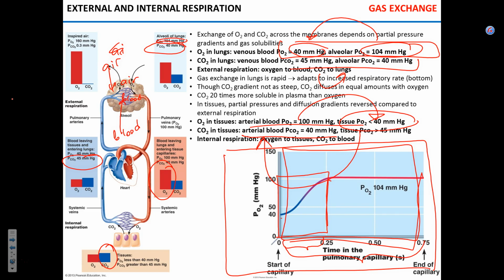Does that make sense? Pressure of oxygen in the alveoli is higher than the pressure of oxygen in the blood in the pulmonary capillaries. So statements like this: only relationships, no numbers, direction of flow, and relationships of pressure. Does that make sense? Good? Cool?